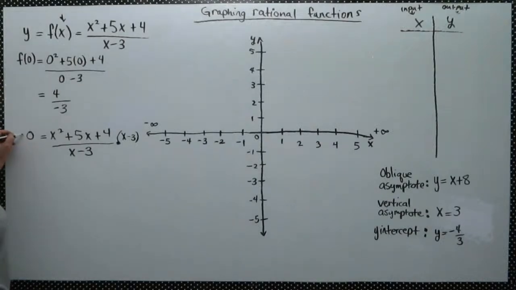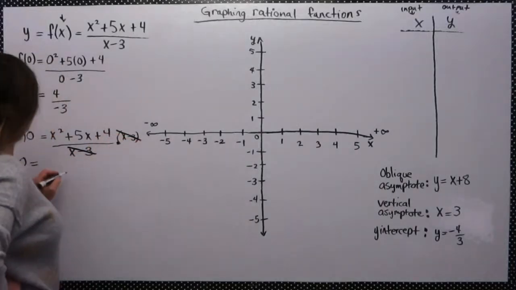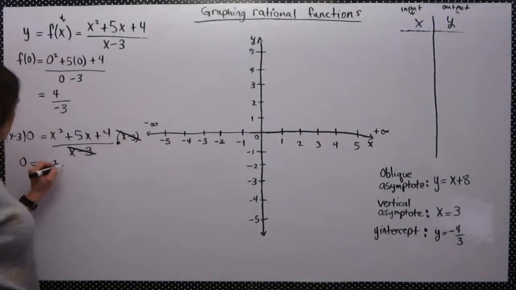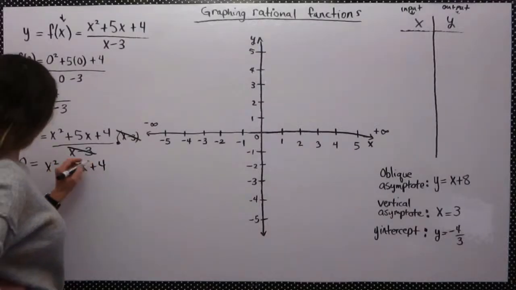And then 0 times x minus 3 is just 0. So I have 0 equals, and then these are going to cancel. So then I'm left with x squared plus 5x plus 4.